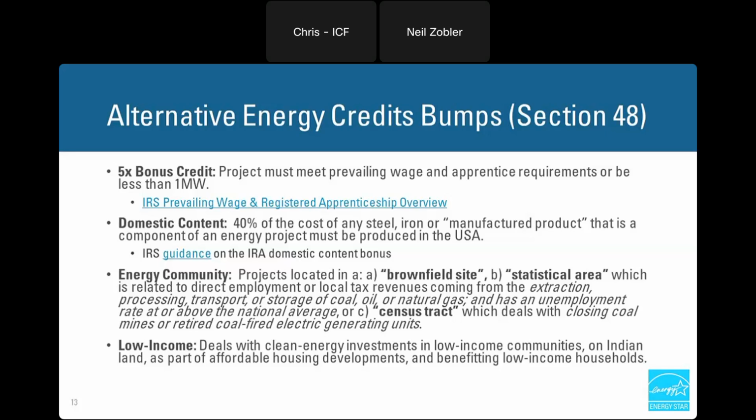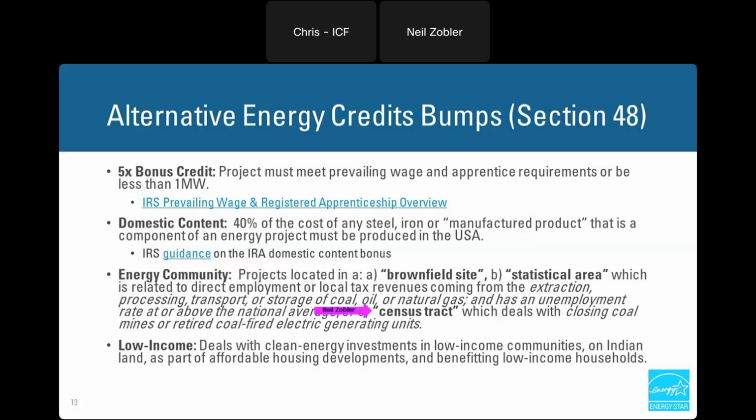The energy community, what is that? Well, if the project is located in a brownfield site or a statistical area, what's a statistical area? It's an area where direct employment or local tax revenues are coming from the extraction, processing, transport, or storage of coal, oil, or natural gas and has an unemployment rate at or above the national average. Interesting.